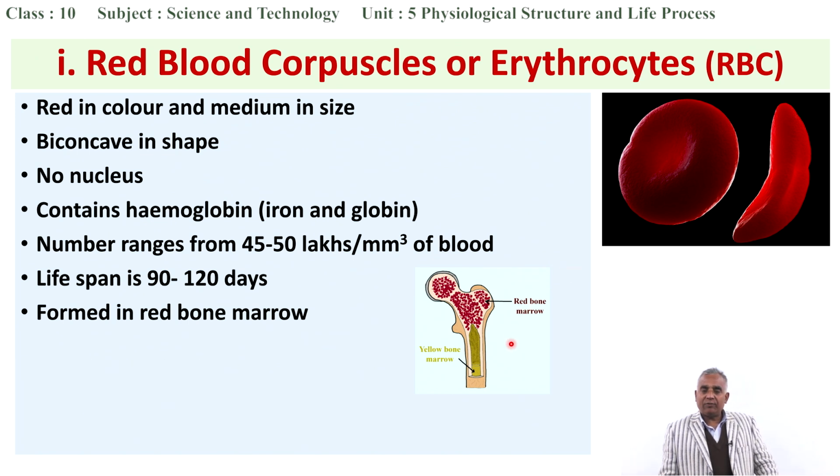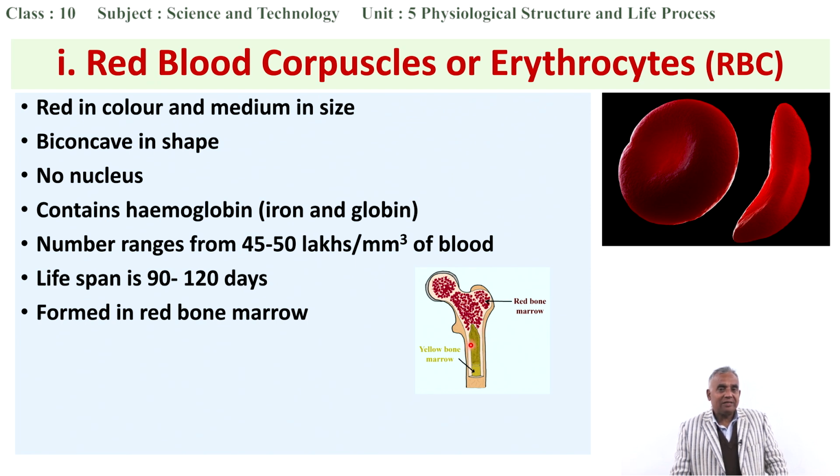Next, formed in red bone marrow. So at first you have to identify what are red bone marrow and yellow bone marrow. Bone marrow is that jelly-like substance which is found inside the bone. But red bone marrow is not jelly-like, it is porous bone in which some blood-like fluids are filled. That is called spongy bone, that is red bone marrow.